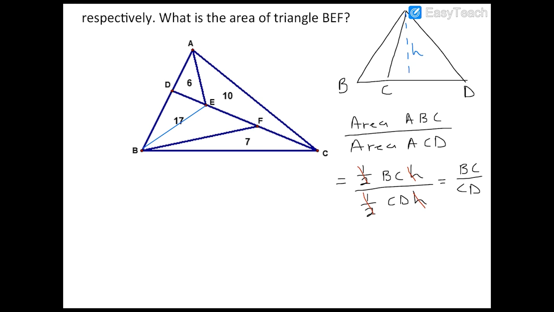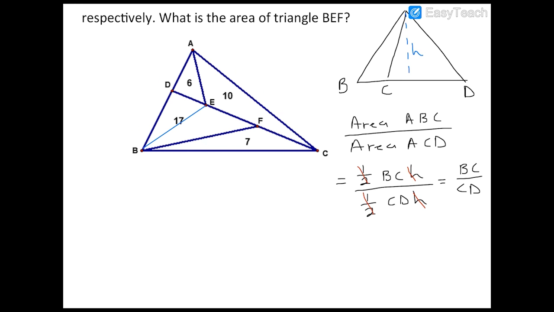First of all, we can see that ADE and DBE share the same height, so we are going to use that. We are going to need the ratio of their bases, but the whole triangle is going to help us do that.